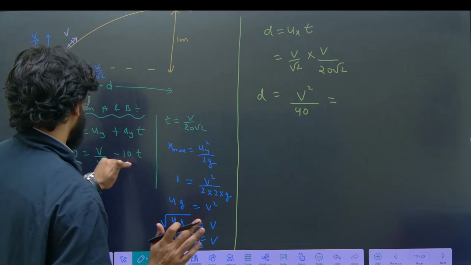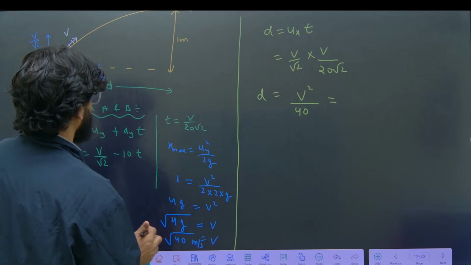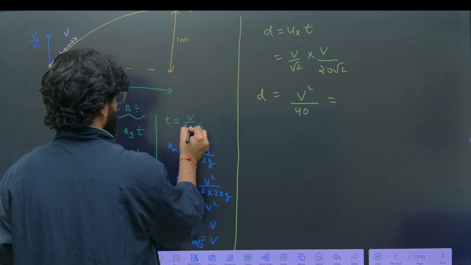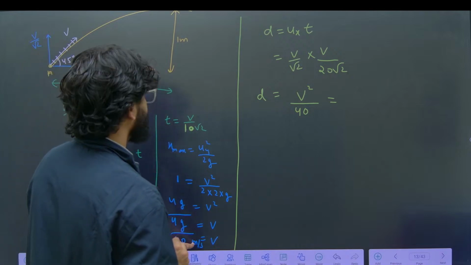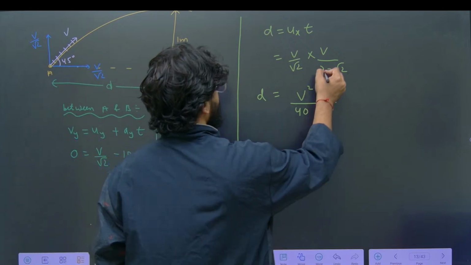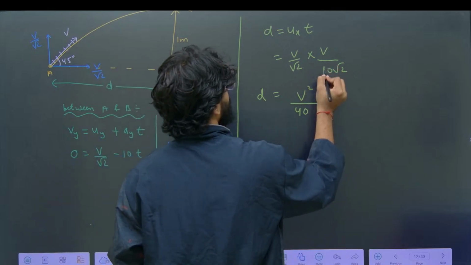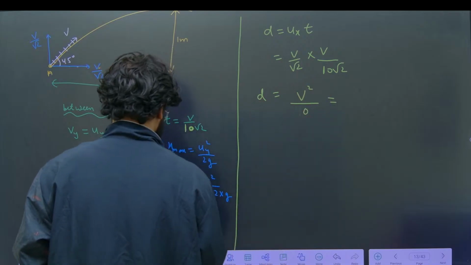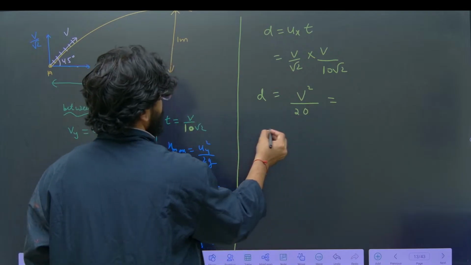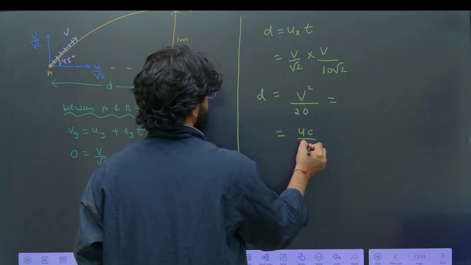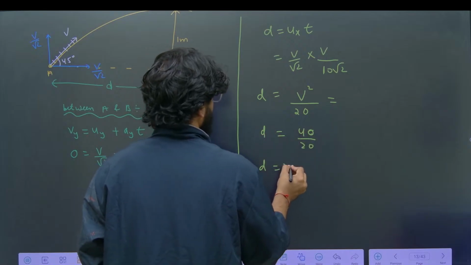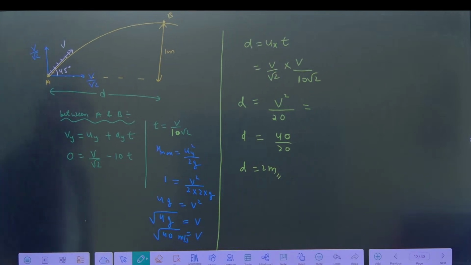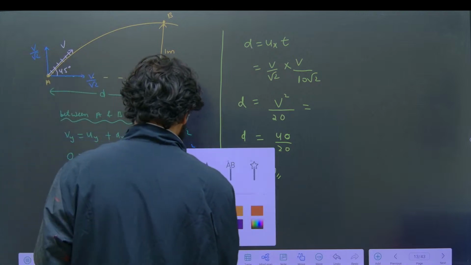T is coming out as 10 root 2, and so over here it will be 20. So v square is 40, this is 20, so d will come out as 2 meter. So this will at least make our life a little easier. Yes, thank God we have got the value of d.